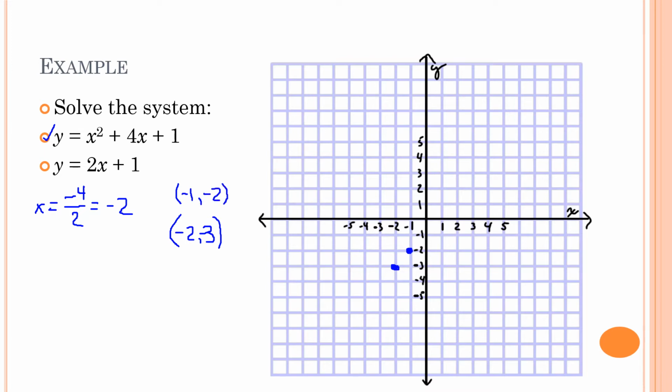You certainly could also use a graphing calculator if you have it available to you. If I plug in 0, I get 1. And now I'll reflect it over my axis of symmetry, which is x equals negative 2. So in this case, I have this point here, and I have this point here.